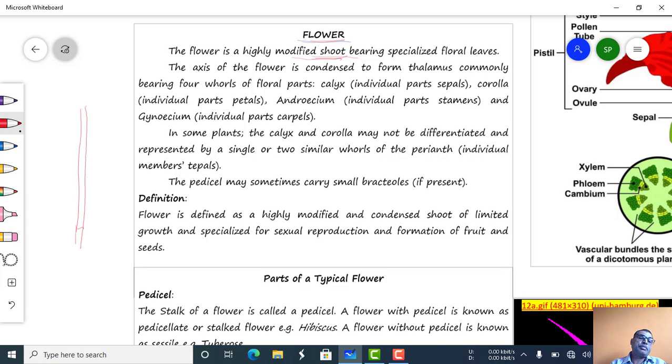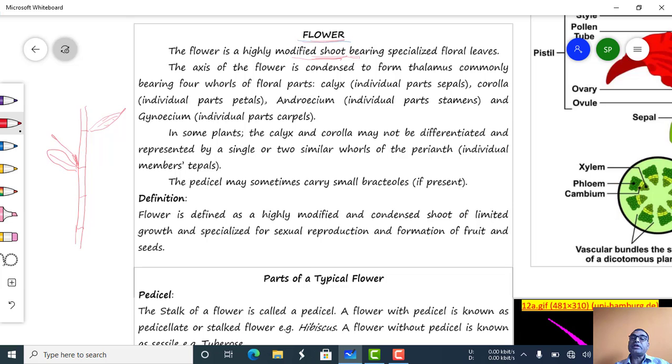The stem will show the presence of nodes and internodes, as well as at the nodal region one can observe leaves, and in the axil of the leaves an axillary bud will be present. But here the flower is a highly modified shoot bearing specialized floral leaves.